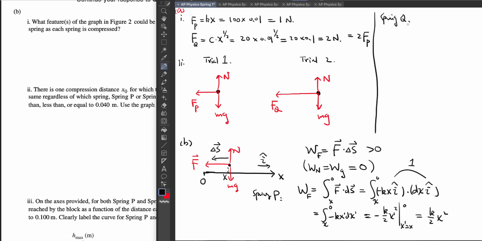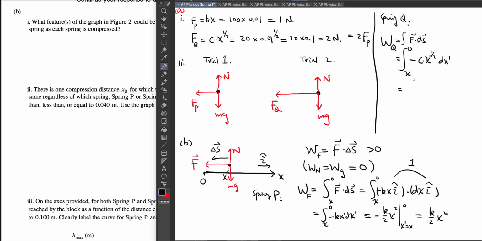The work done by spring Q will be the same thing here, but now the expression will be different. It's negative c x to the power 1/2, and I'm going to change it to x prime, and then dx prime, where x prime goes from x to 0.